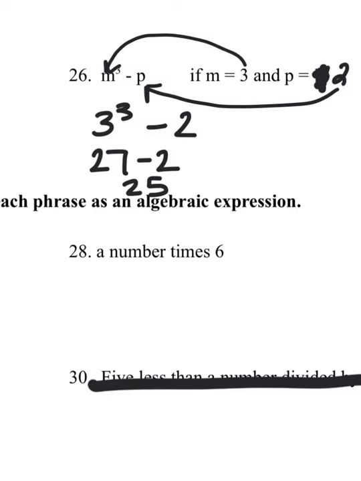And for this, I'm just going to go ahead and use x. So any number times 6. So we're going to go with 6x. X is representing that number that we don't know right now. We don't have a space and we don't have a symbol, so that's going to represent a number, or x, times 6.